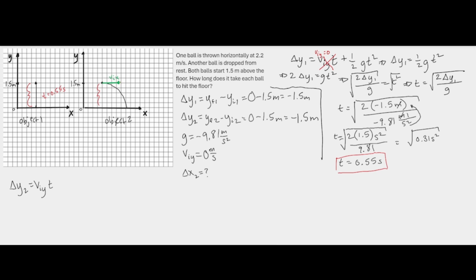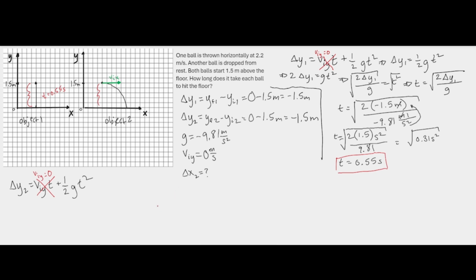They're just throwing it horizontally. So in the vertical direction, the VIY is again 0, and the other component of this equation is 1/2 g t squared. We can neglect the first term because VIY equals 0. It's starting from rest in the vertical direction.